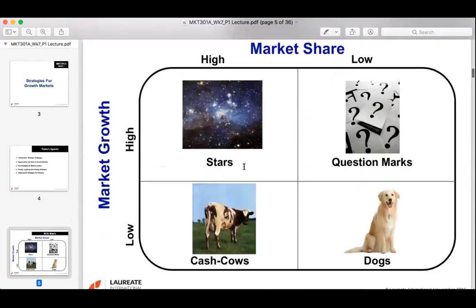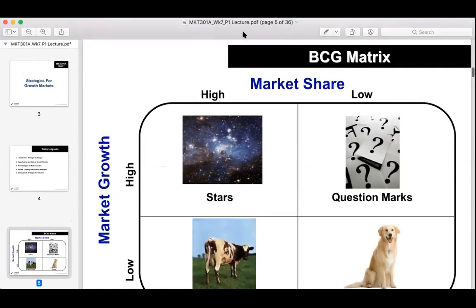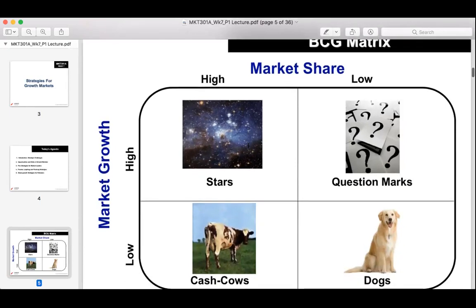Okay, now this is the BCG matrix. I believe everyone is familiar with the BCG matrix. That includes market share, market growth rate here. The BCG matrix is developed to help us understand whether we are competing in the right category or not, whether we are performing well or not in the right category.